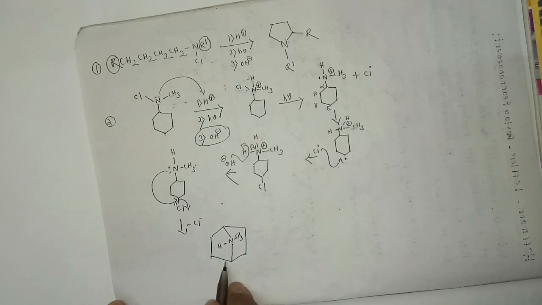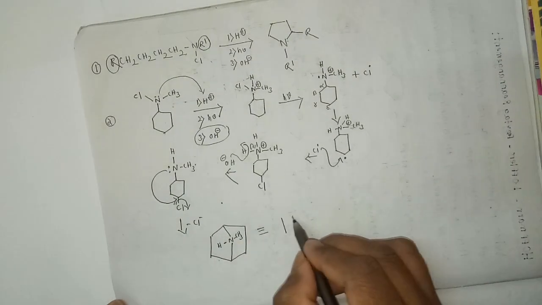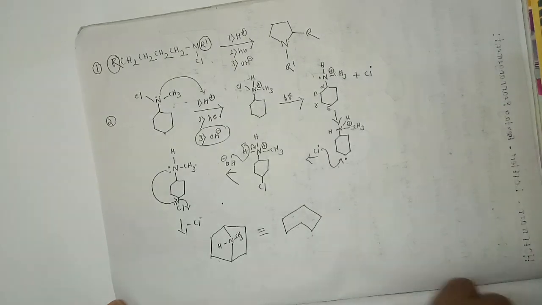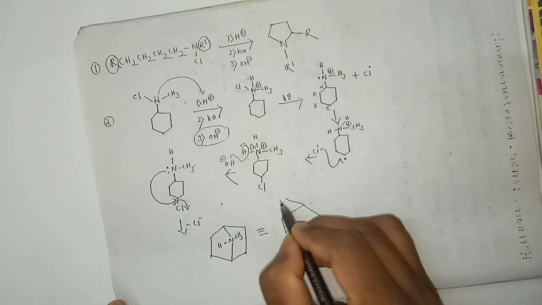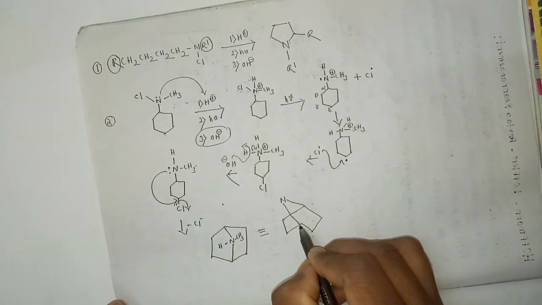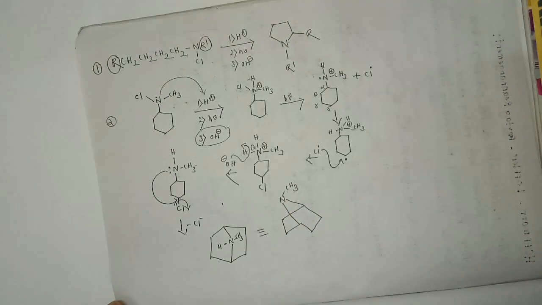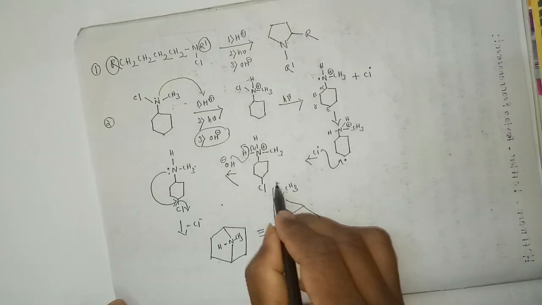This can also be written as a 6-membered ring, and this is also a 6-membered ring, and this is the bridging structure. So nitrogen containing a CH3 group. Okay friends, so this is the final product for this question.